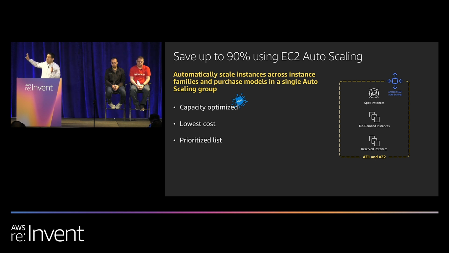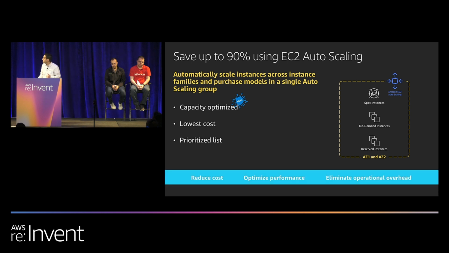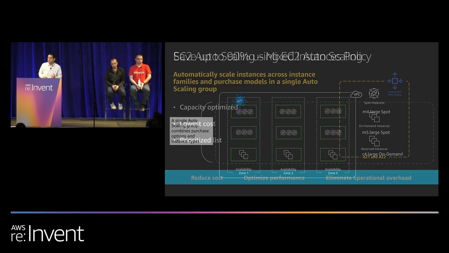So there's a whole bunch of functionality directly built into EC2 Autoscaling groups that help you optimize for both cost and scale in a single Autoscaling group. You can mix and match Spot and on-demand within a single Autoscaling group, and you can tell it to go figure out how to achieve the capacity that you need. So it helps you reduce cost, optimize performance, and eliminate operational overhead.